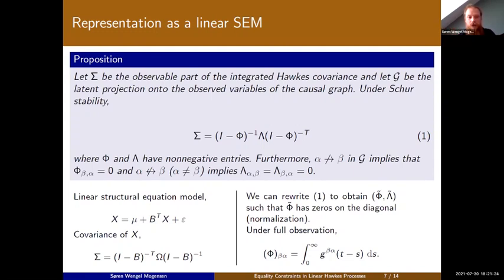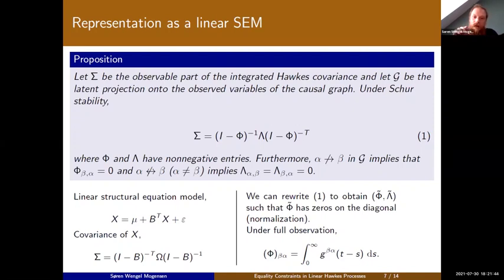In this case, you get a covariance matrix of X, which has essentially the same form. There's the transposition, but this is due to different conventions in different subfields.